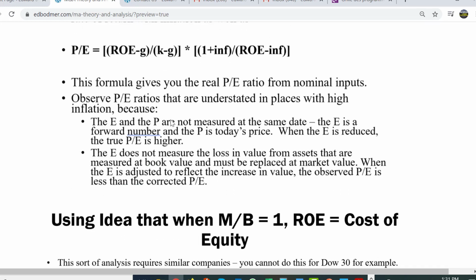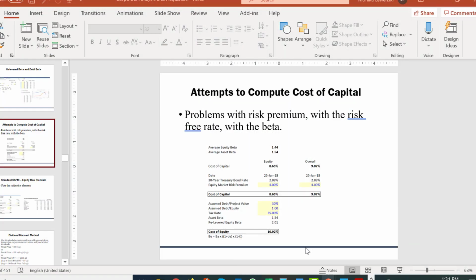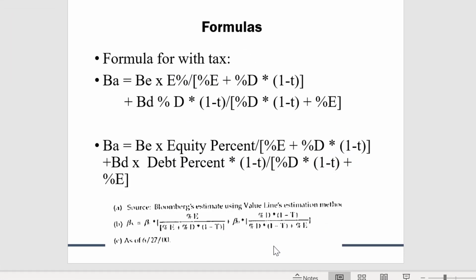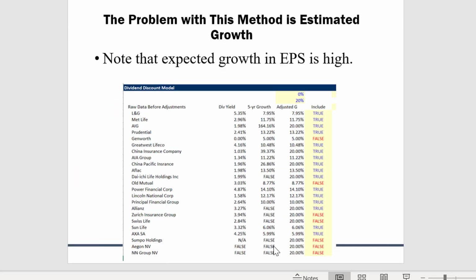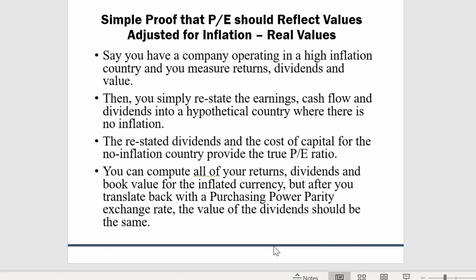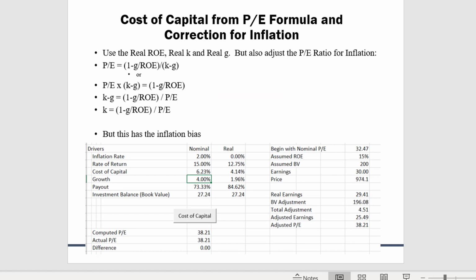We can compute this, and I didn't show it on the website, but we could compute it up here, I think. Just a minute. The cost of equity. We can just use this PE formula, and put in our value driver formula. Finally, we can put K equals 1 minus G divided by PE ratio.